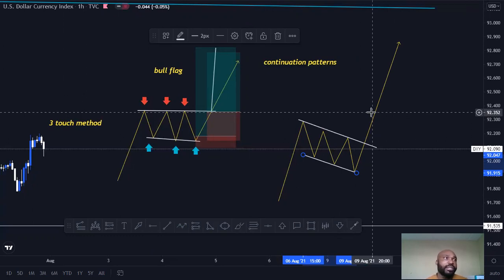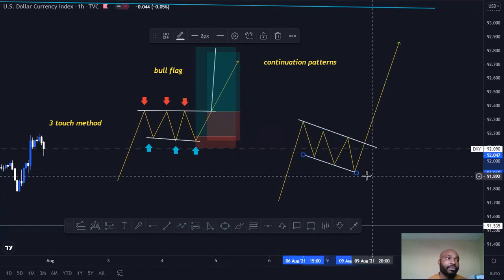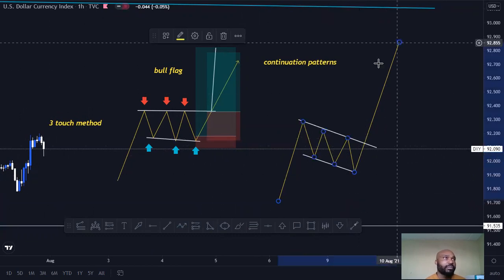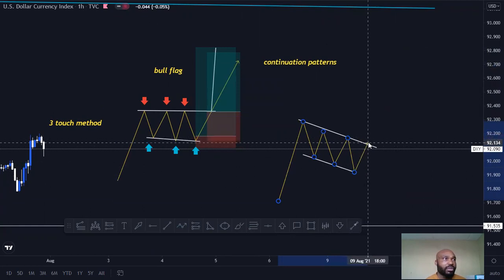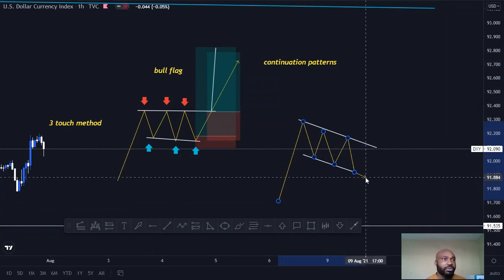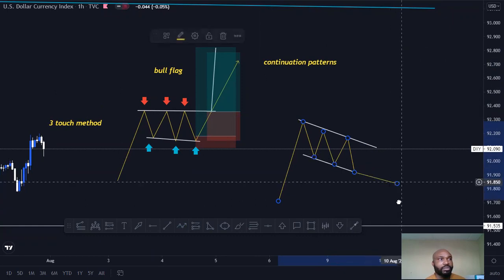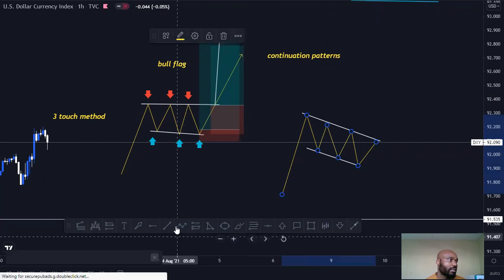The only difference is that with a steep flag, you need to be very careful when entering, especially from the low, because it might just tag you in. What I'm saying is you might enter from the low here, and then price comes to the top there, doesn't break that area, bounces back to your low entry, and then just trickles down.